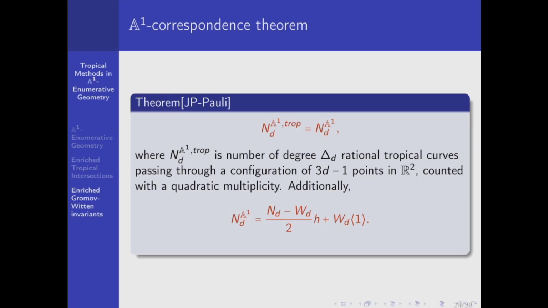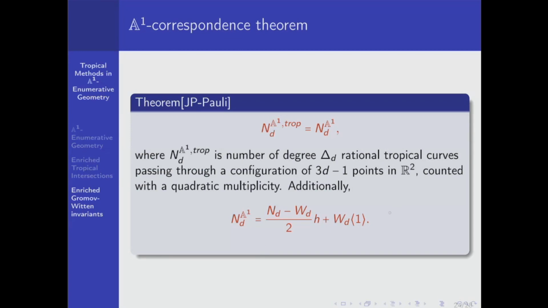Then we get this equality, and actually as a corollary, if all the points are k-points, then we get that this motivic invariant is determined by the complex and the real realization.